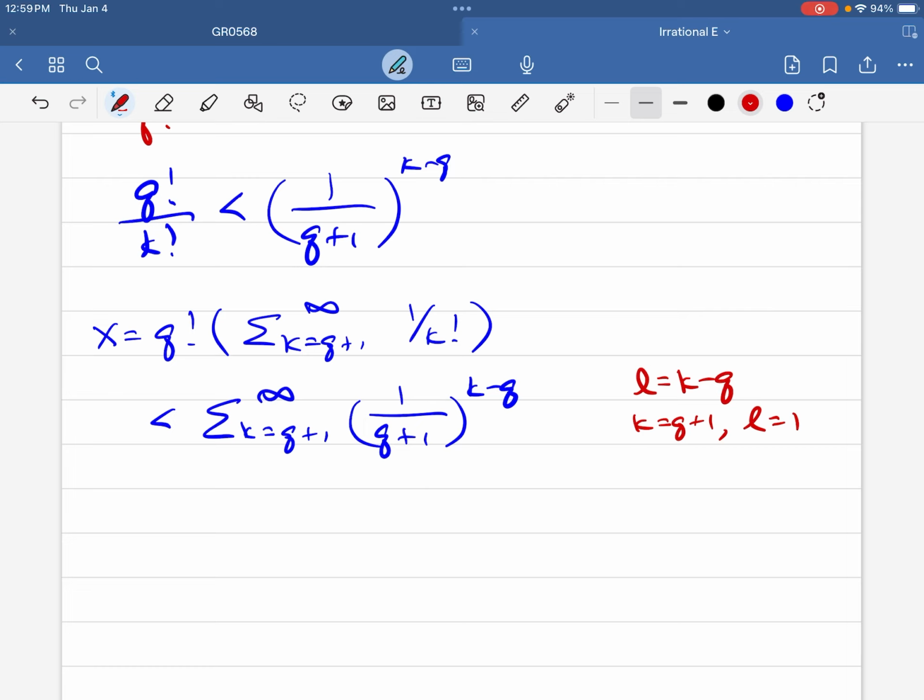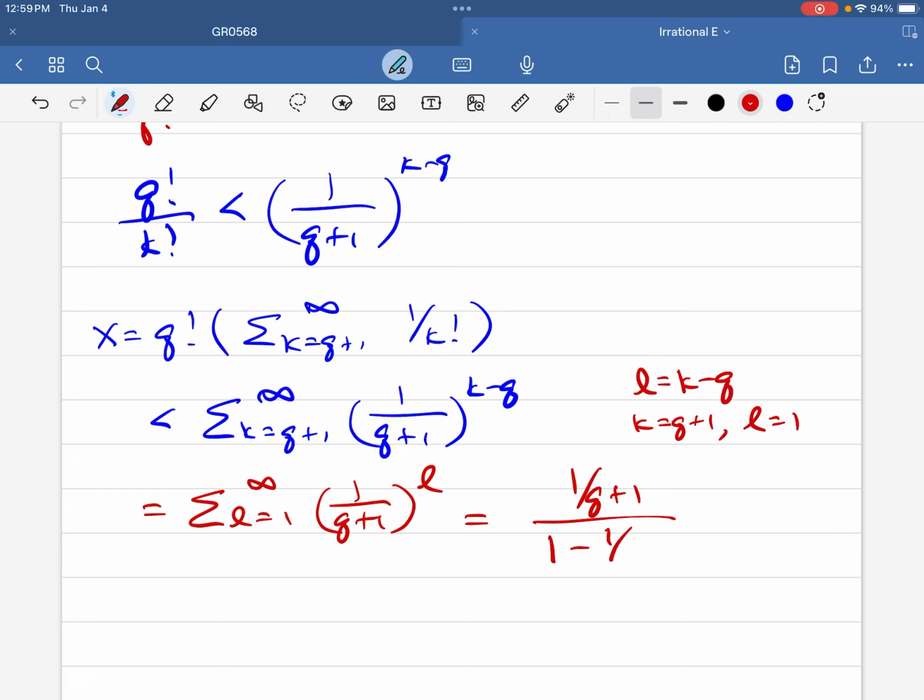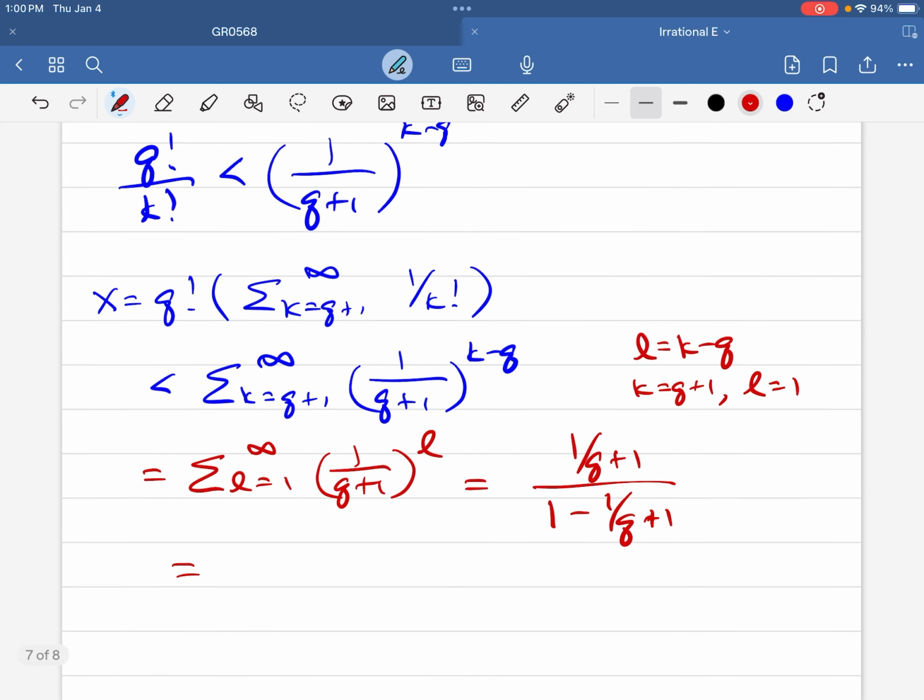Of course, when k is infinity, l is still infinity. So this is just rewritten as the sum from l equals 1 to infinity of 1 over q plus 1 to the l. And now we just use the formula for a geometric series. When we sum a geometric series starting at 1, we get this expression here, and with a little bit of algebra, notice if I multiply everything through by q plus 1, I get 1 over q plus 1 minus 1, which is 1 over q, which is less than 1. And we're done.